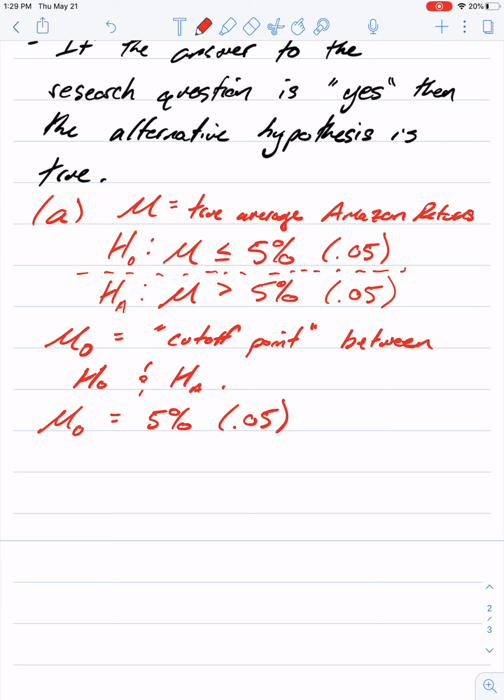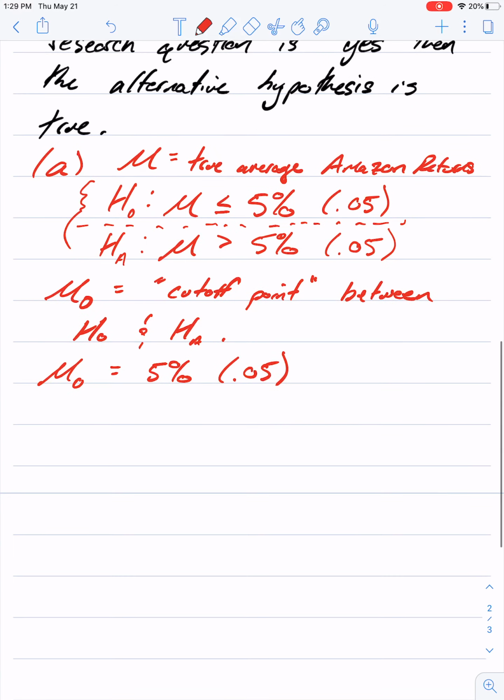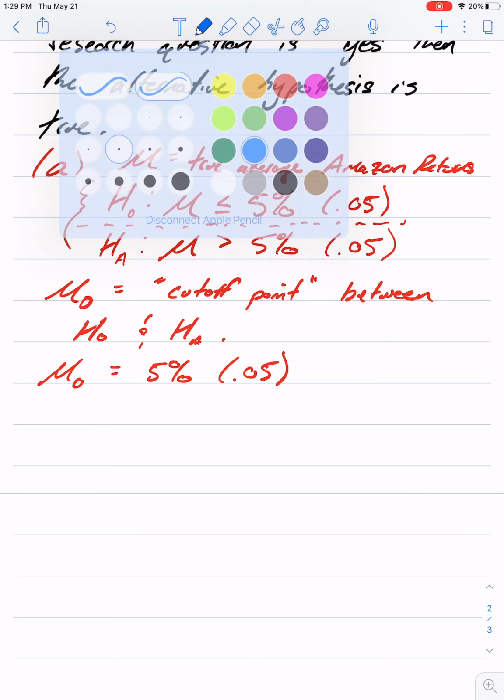Both of them would be true at the same time if I put this line right here. But we do not want to do that. We should never have equality in the alternative because we always have equality in the null hypothesis. But these are our hypotheses for that research question. So now let's try B.